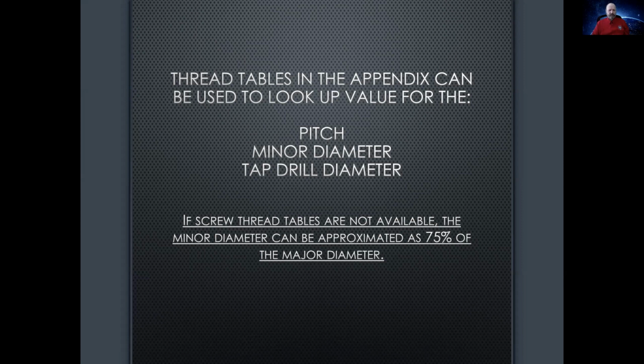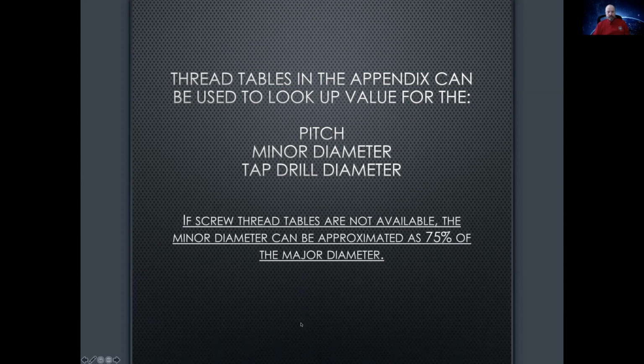Then you can look up on the thread tables, if someone gives you the thread specifications, what the pitch, the minor diameter, and the tap drill diameter is, and how deep to drill and all of that. So that's what the machinists do. The engineers will specify what type of thread to do, and then the machinist will know how to manufacture it.